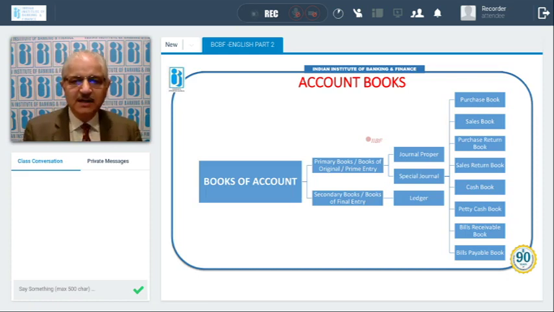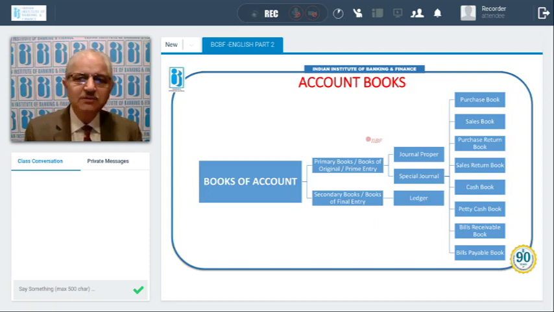But in practical situations, we like to reduce our work. Suppose I have a retail shop. From morning till evening, I am selling goods: 5 rupees, 10 rupees, 20 rupees, 100 rupees, 500 rupees, 1,000 transactions in a day.